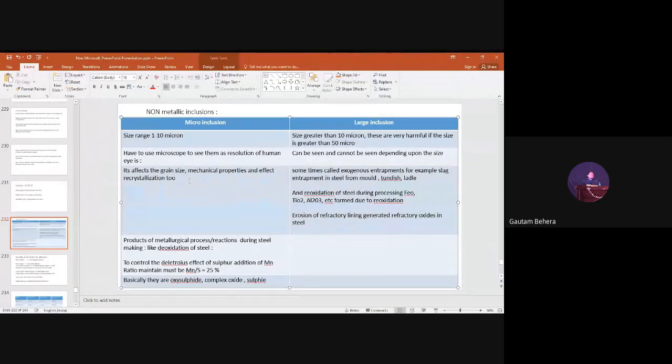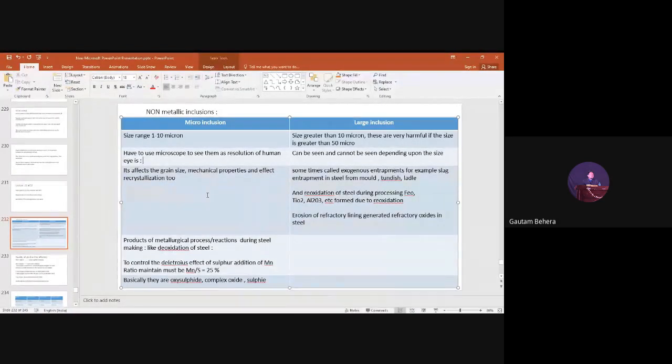The third point is what? These micro inclusions, if they are well distributed in the steel matrix, can affect the grain size and the mechanical properties, right? Sometimes they can also affect recrystallization.